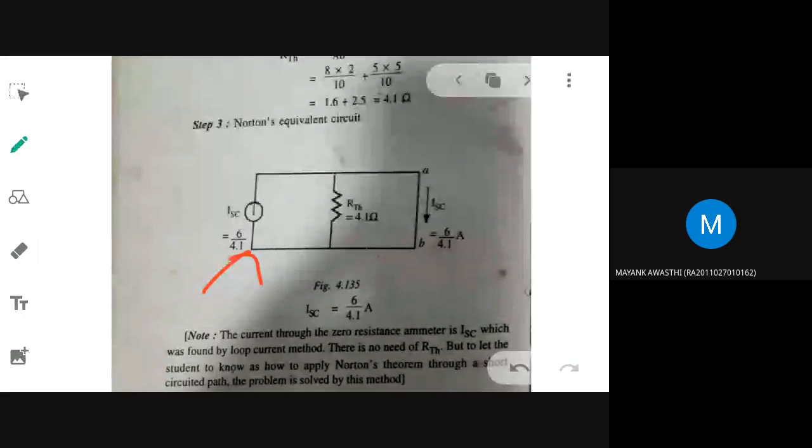I think 4.1 divided by 6. Ma'am, ISC is 1.463, ma'am.